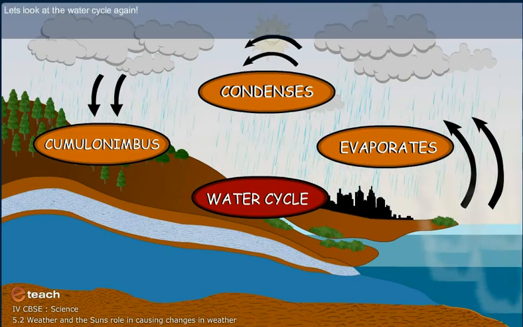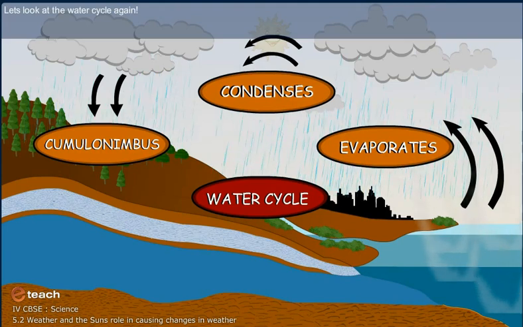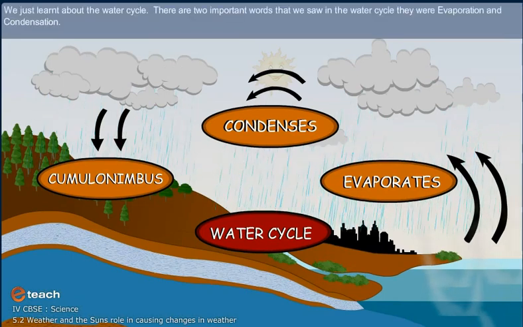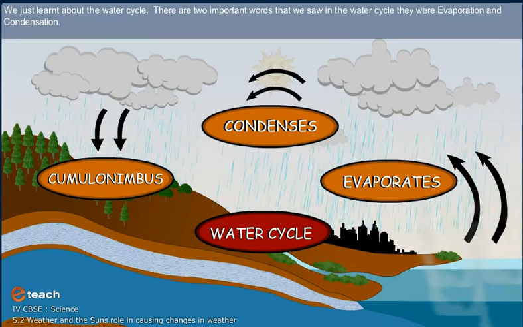Let's look at the water cycle again. We just learned about the water cycle. There are two important words that we saw in the water cycle. They were evaporation and condensation.